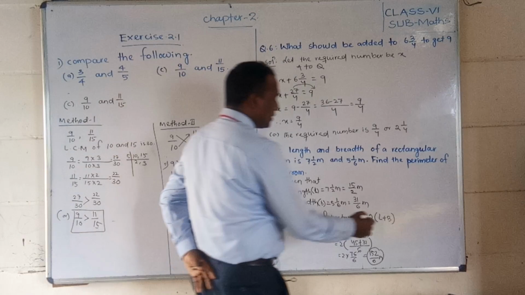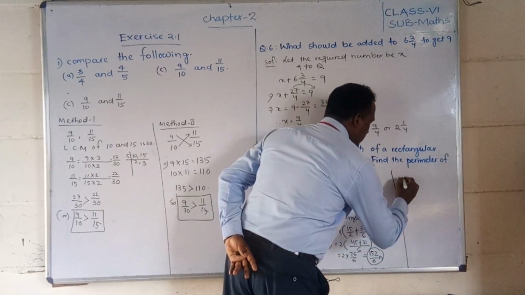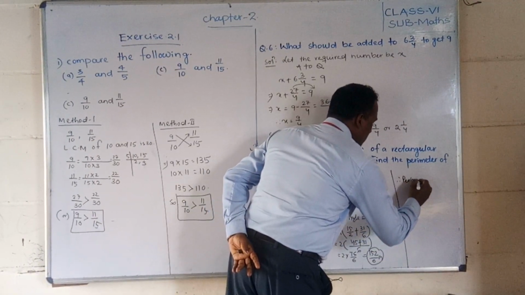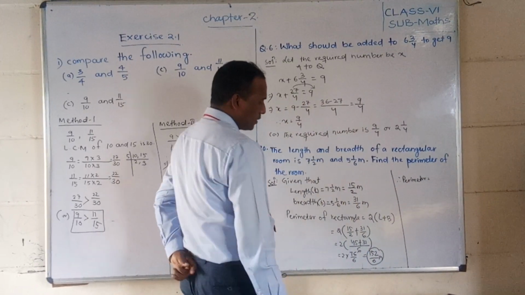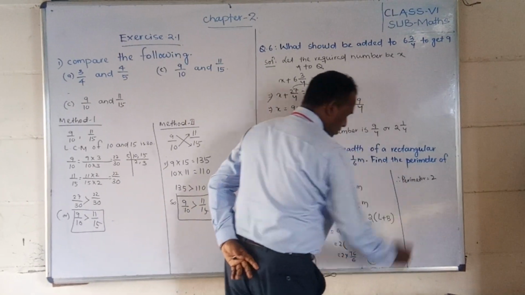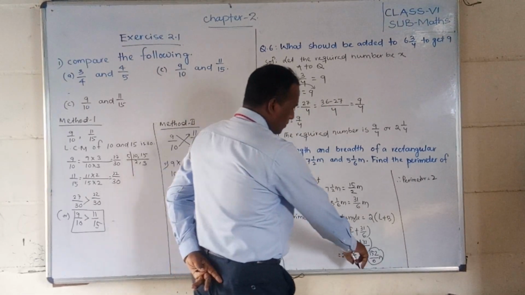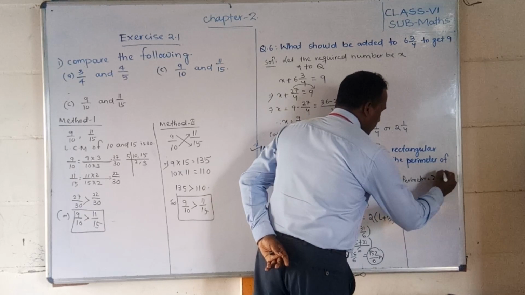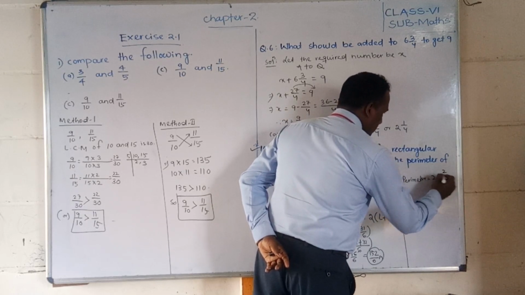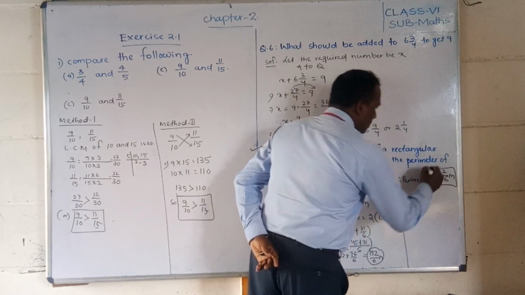If you write it in meters, then we can write, hence, perimeter is equal to, if you convert to a mixed fraction, 6 twos are 12, 32, 6 fives are 30, 25 by 6 meter. So this is our answer.